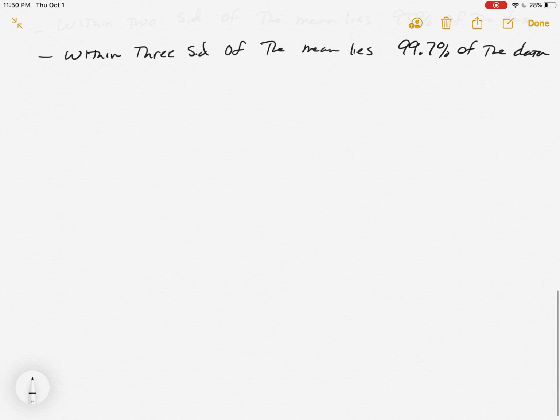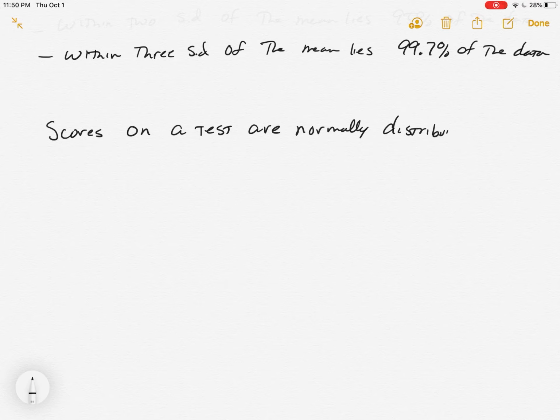One was actually a test. Scores on a test are normally distributed with a mean of 83 and a standard deviation of 3.